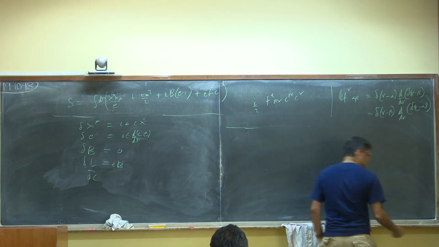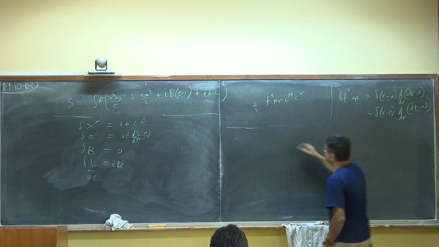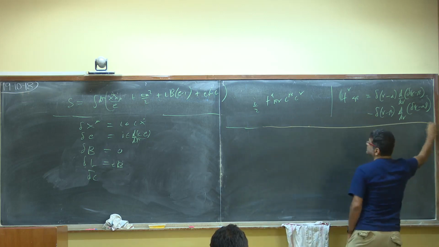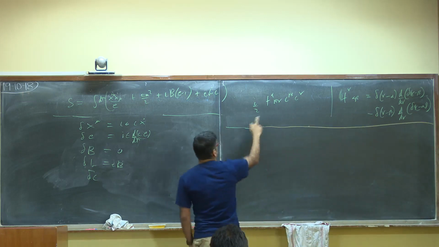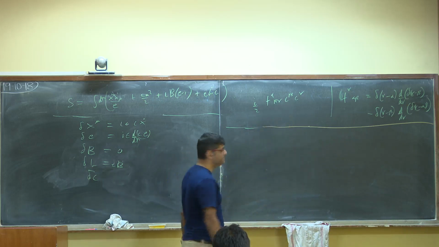Okay. So each of these beta and gamma involves a sum. The sum is an integral.